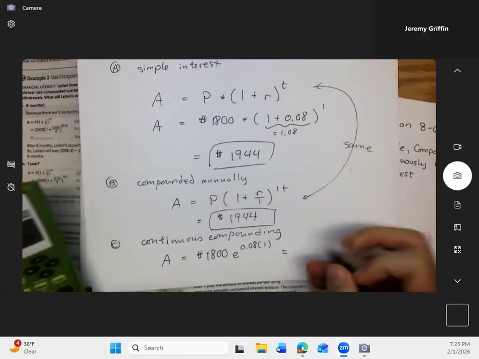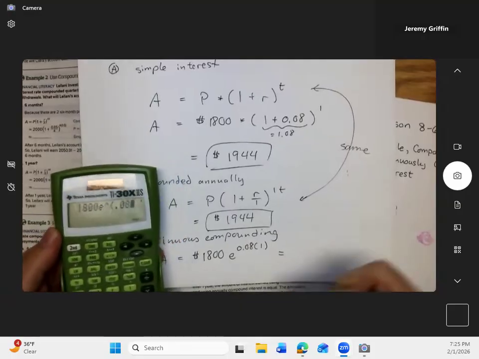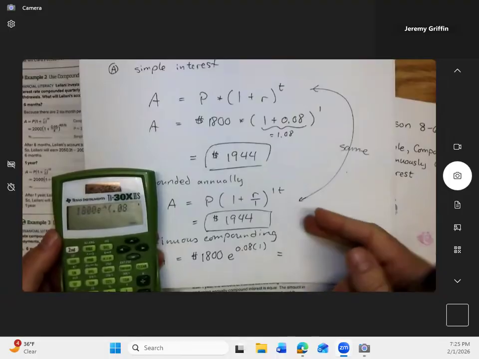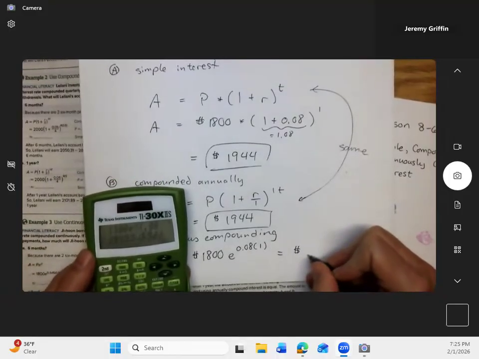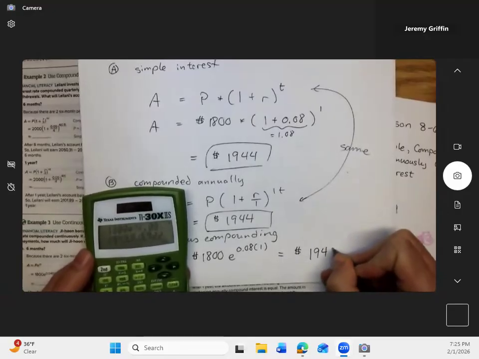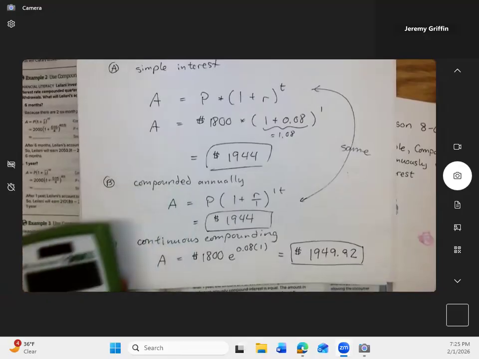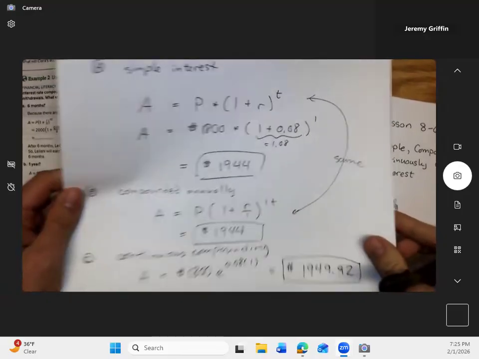Right, so I'll just run that. So what is 1,800 e to the power of 0.08? Okay, no, it should be larger than 1944, but probably not very much larger. Let's see. Yeah, exactly. 1949.92. All right, so bigger, but not by very much. Yeah. Boom, boom, boom.